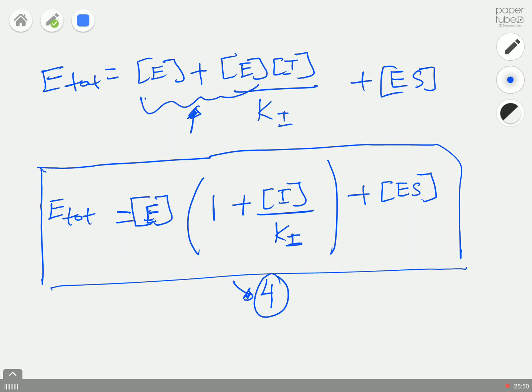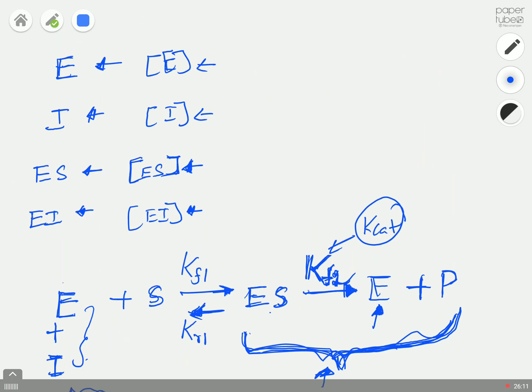E equal to E total, and then E total we have here, and then what else we need to do? Let's focus on the other side of the reaction, which is here. Go back to this page, you have an enzyme plus substrate, which gives rise to enzyme substrate complex. So we can write an equilibrium constant for that.